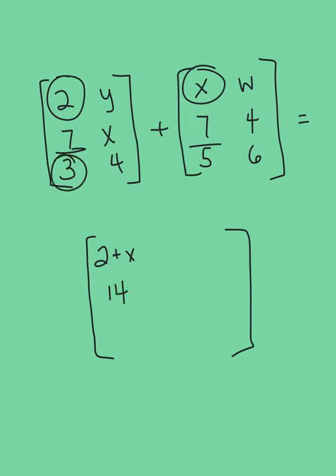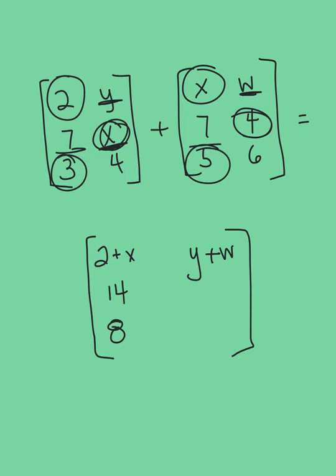Then we have 3 and 5 in the next position. Those are both numbers, so those can be added to 8. We have y and w. Those cannot be added, so you just write y plus w. We have an x and a 4. Those can't be added because they're a letter and a number, so we just write x plus 4. And then the last one, we have 4 and 6. Those are both numbers. Those can be added to 10. So this is your final answer. Nothing else gets done.